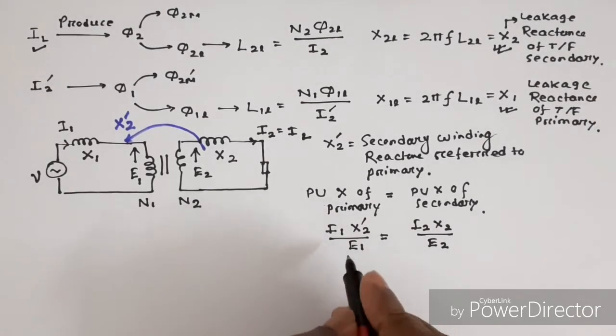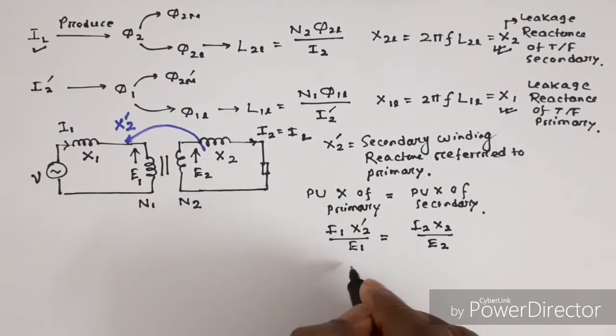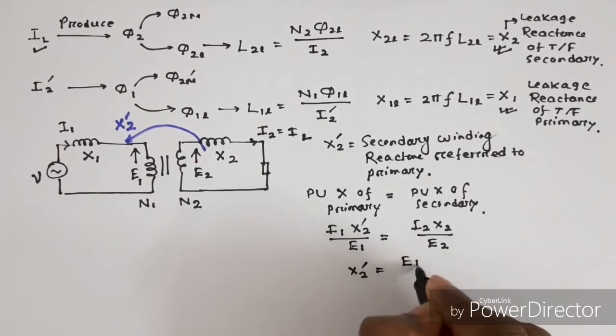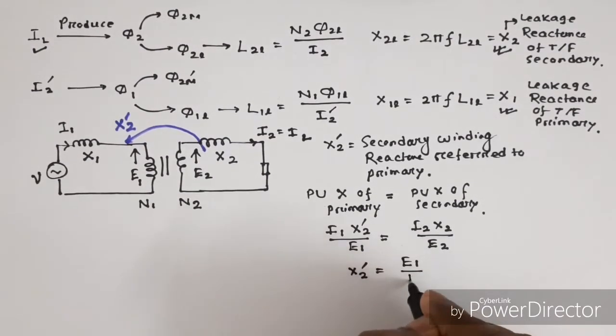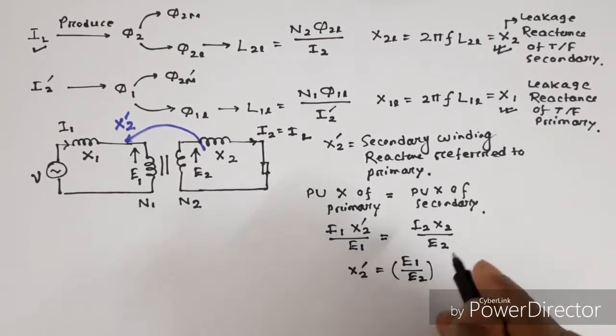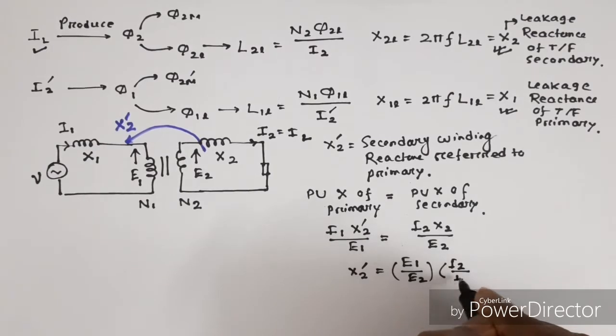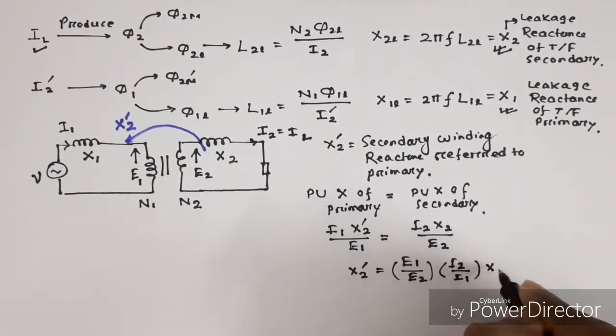From here I can write down X2 dash equal to E1 by E2 into I2 by I1 into X2.